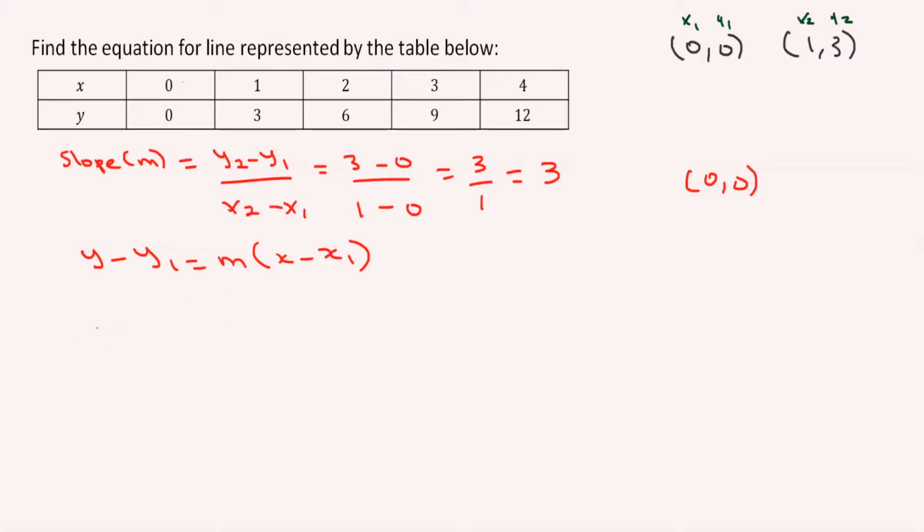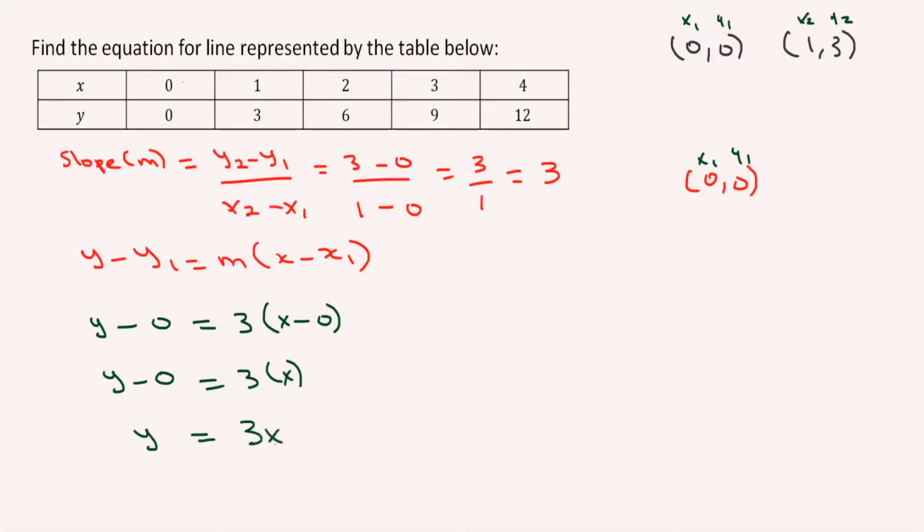So this is going to be our x1, y1. y minus y1 is going to be y minus 0. Slope is 3, and then x minus 0. So this is y minus 0, which is equal to 3 multiplied by x. So this is y equals 3x. That is the equation of our line.